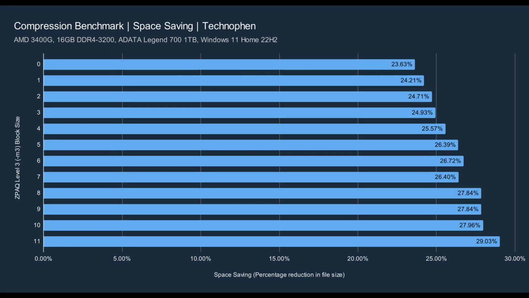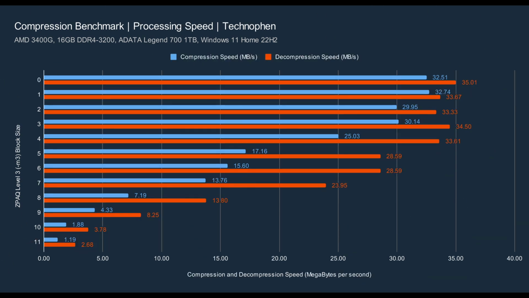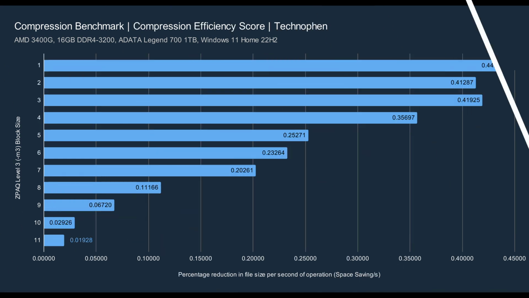Level 3 starts space saving at 23.6% with block size set to 0 and reaches up to 29% at block size 11. Here, compression time begins at around 1 minute and reaches as high as half an hour for block size 11. With processing speeds halving compared to level 2, it is expected to deliver a more inferior efficiency score than level 2.